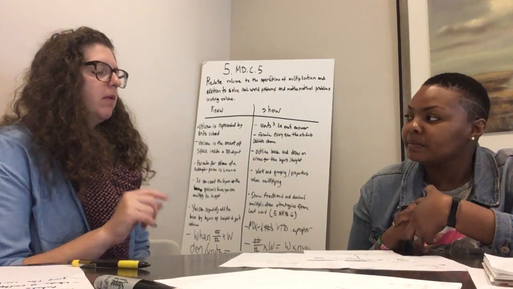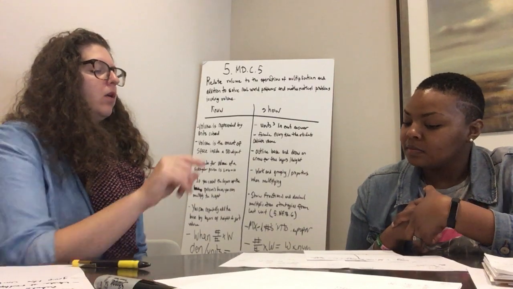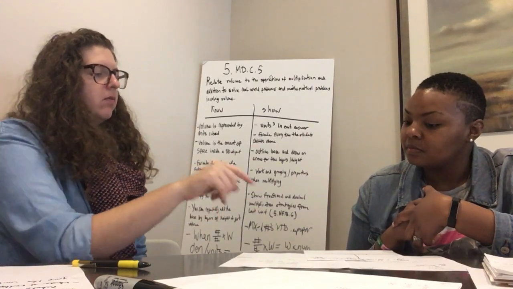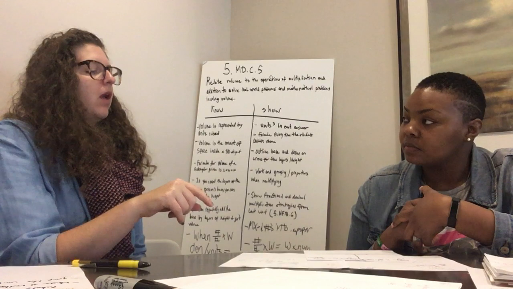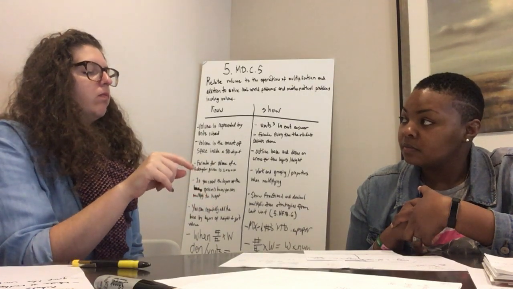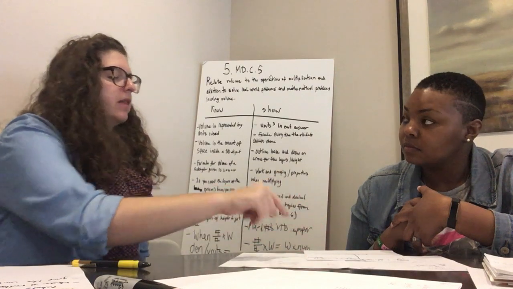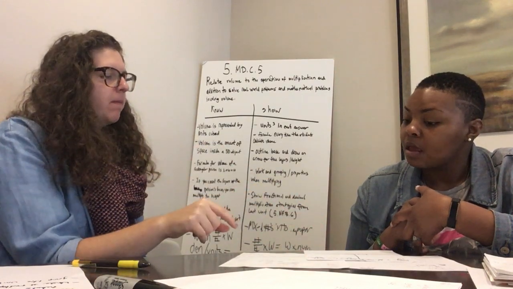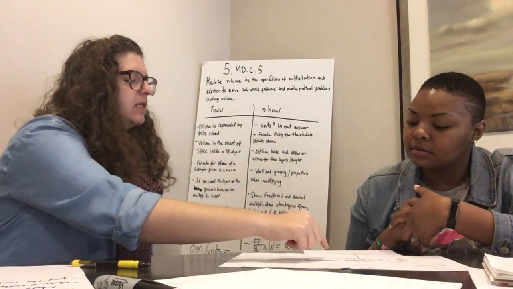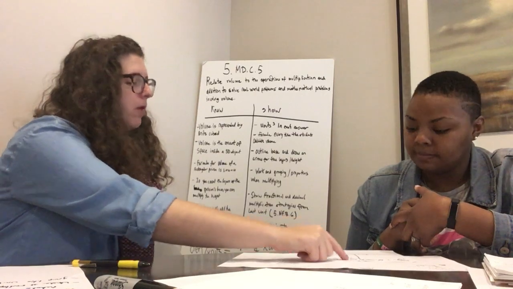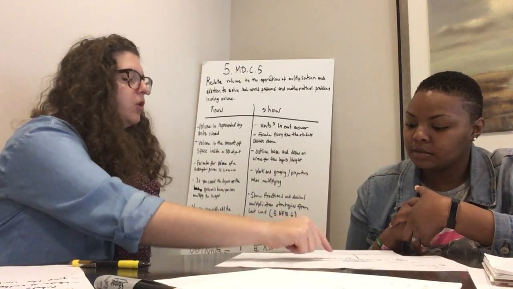Okay, and I want to push you a little bit further because in Justin's, the one that's wrong, what could you do here to make this pop more? So he did 6 times the top, the numerator, and 6 times the denominator.